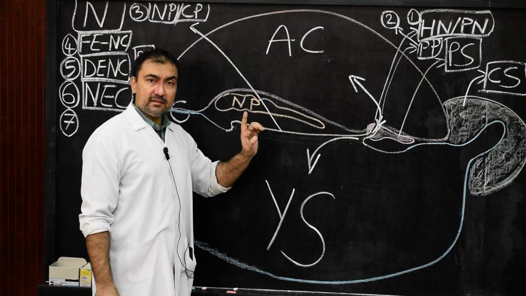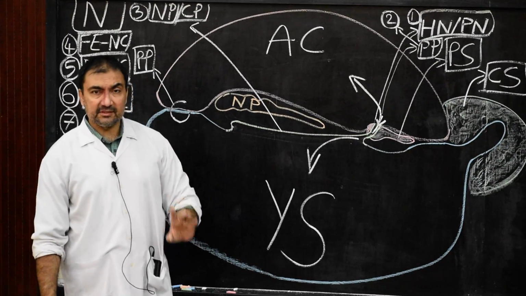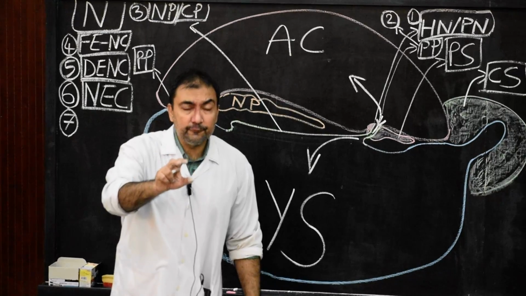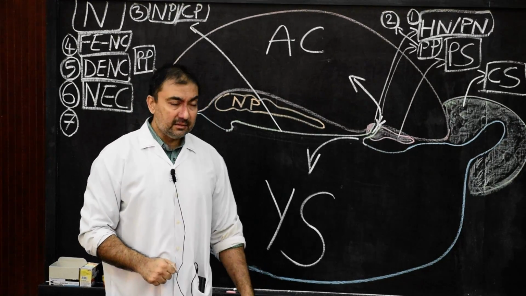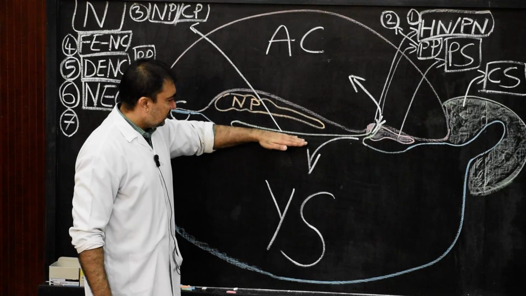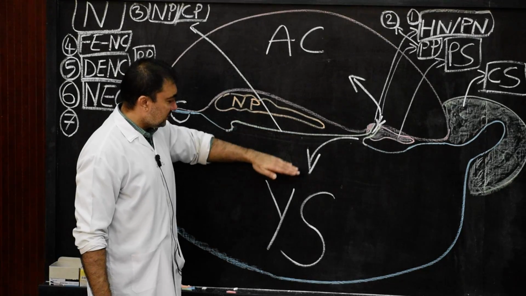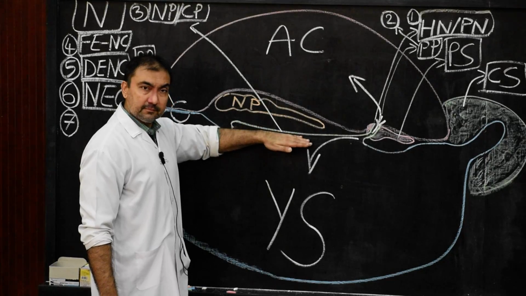So there will be intercalation of this notochordal process, as a result of which there will be development of neural plate. And this neural plate will develop where? Just above the yolk sac.